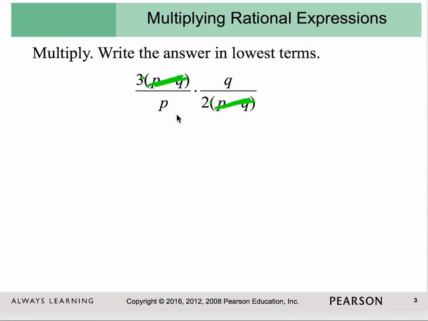That's a q and that's a p. So that was the only thing that was the same. 3 times q over p times 2. Usually we put the numbers first. It's not wrong to put p2, right? Because 2 times 3, 3 times 2, multiplication and addition are commutative. But typically we write the numeral first.